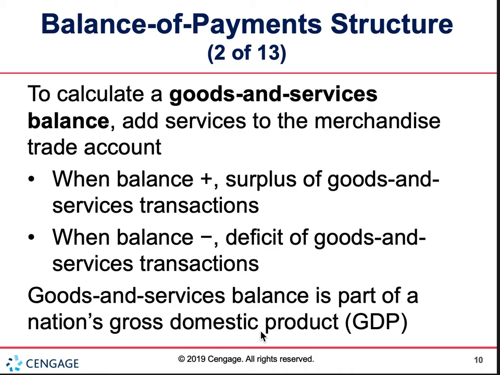And when the balance is negative, we're taking in more goods and services from an external country compared to us providing them with goods and services. The goods and service balance is a part of the nation's gross domestic product. So when you think of net exports, this is encompassing all of that. It's a good way to remember it.